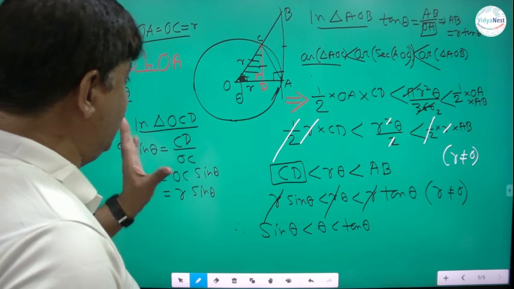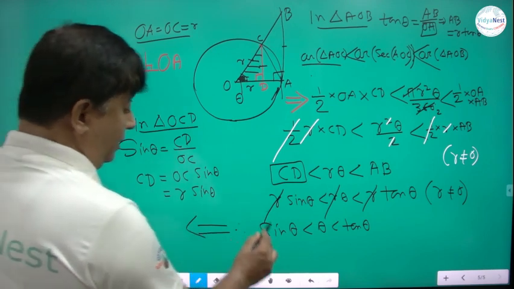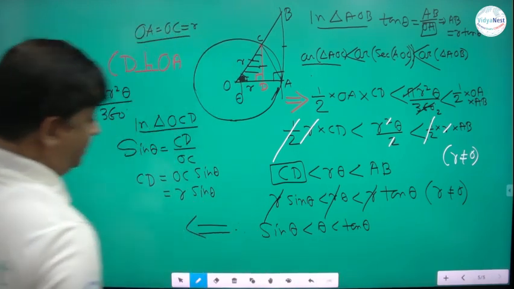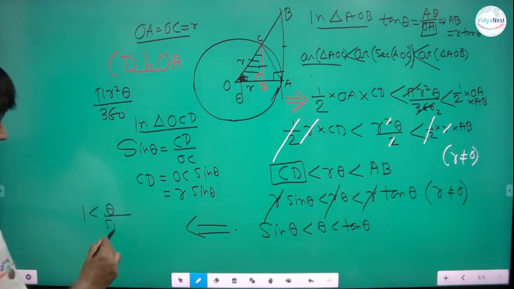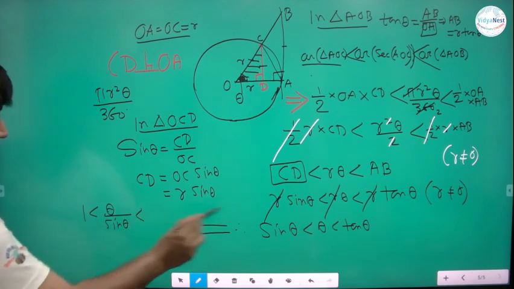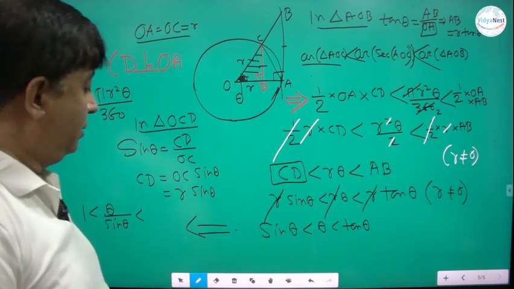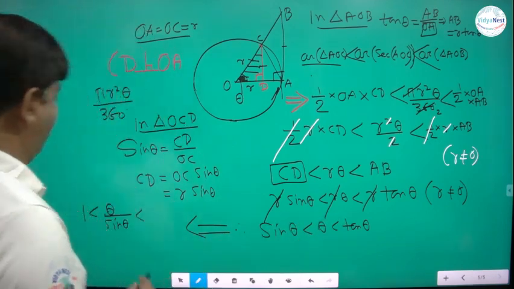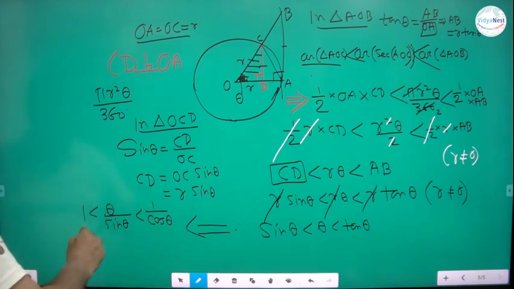Now, you do one thing. You divide each term by sine theta. You will get what? Theta by sine theta. Tan theta by sine theta, how much? Tan by sine means 1 by cos theta. Now reverse it.